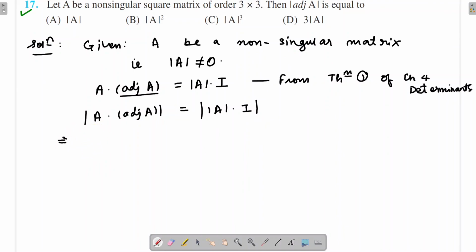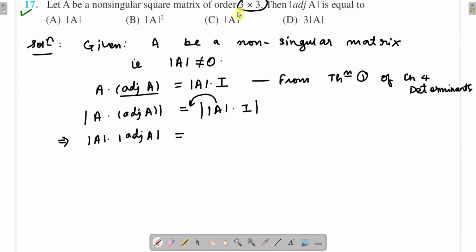See, determinant of A times B is equal to determinant of A times determinant of B. So we get determinant of A times determinant of adjoint of A, this is our B now, which is equal to determinant of A times I. Now you know that whenever you take a scalar common from a determinant, what happens?